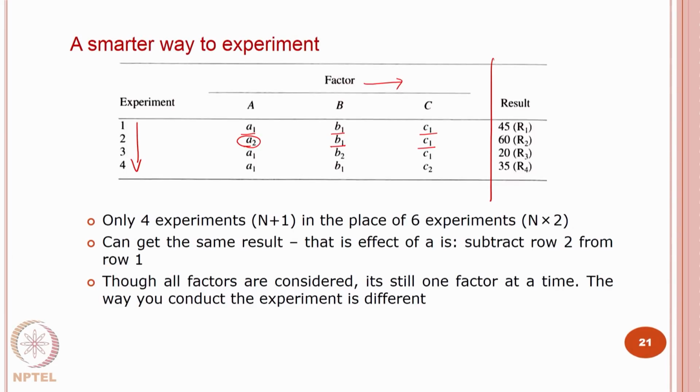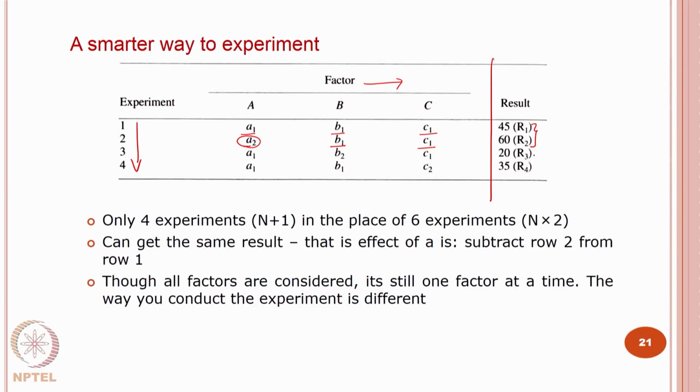So, in the place of 6 experiments, I am doing only 4 experiments, but still I will be able to get the effect of A, B, C. How do I get the effect of A? For instance, if I am interested in the effect of A, I have to take these 2 guys, 45 minus 60 or 60 minus 45, that will be the effect.